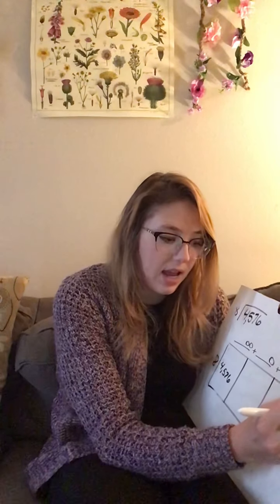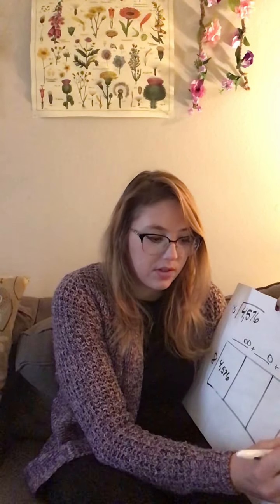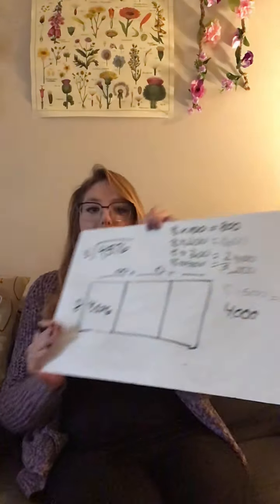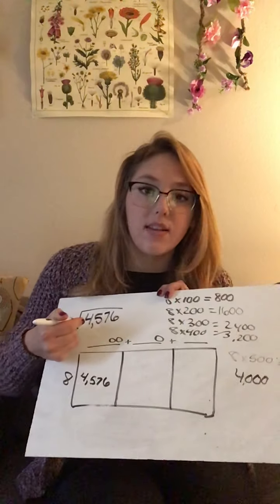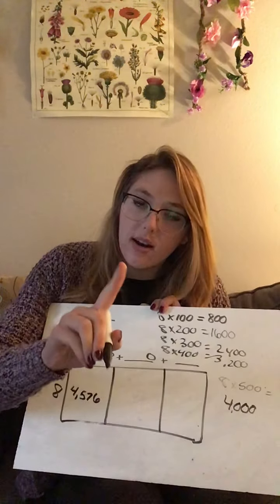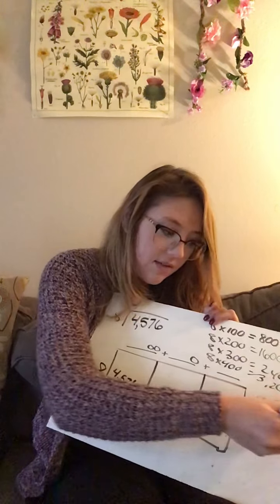We're getting closer. Let me try 8 times 500. 8 times 5 is 40. With 2 zeros is 4,000. That's pretty close. That's the closest I've gotten so far to 4,576. Let me try one more, and if it's too big, then I know that the number I'm looking for is 500.